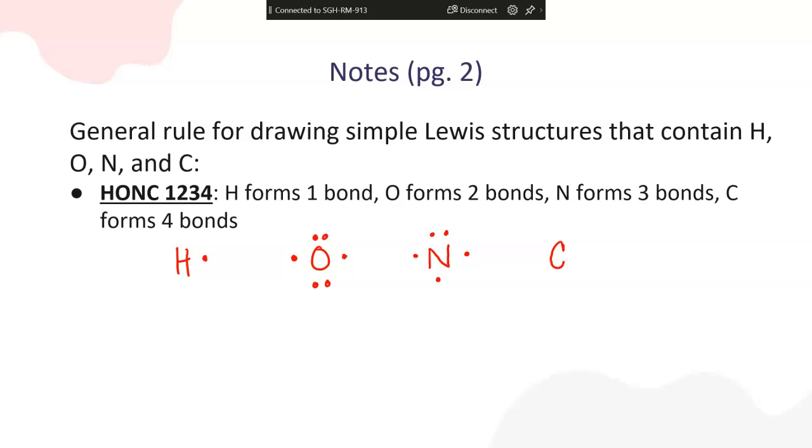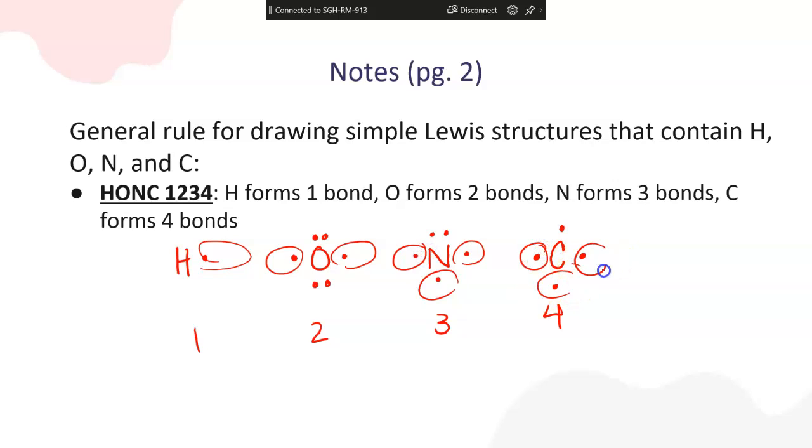And it's always 4 spots because they can always form up to 4 bonds. So carbon with 4 valence electrons, you draw it as 1, 2, 3, 4. So the HONC 1, 2, 3, 4 rule indicates how many unpaired electrons there are and lets us know how many bonds they need to form.